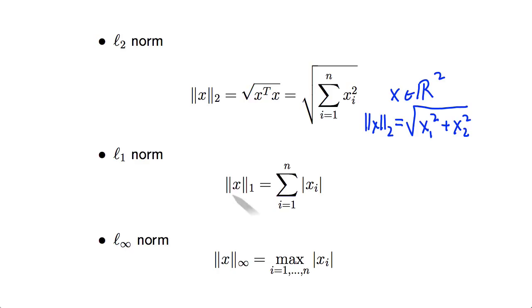The L1 norm, denoted subscript 1, is just the sum of the absolute values of the xi terms. And the infinity norm is just the maximum magnitude, or rather the absolute value, of the largest magnitude element in x.